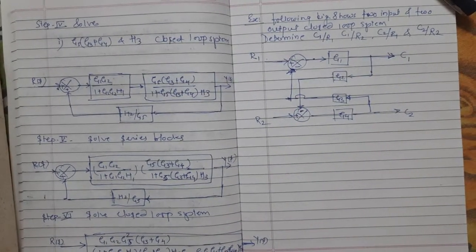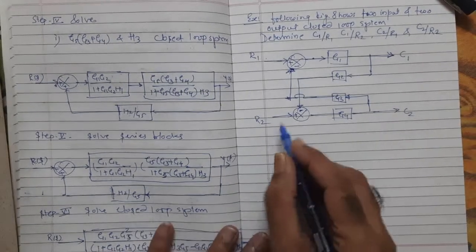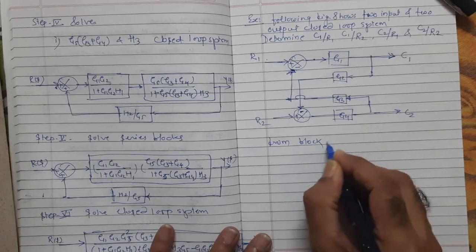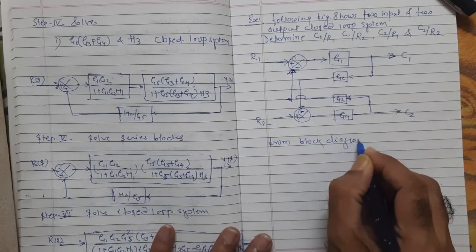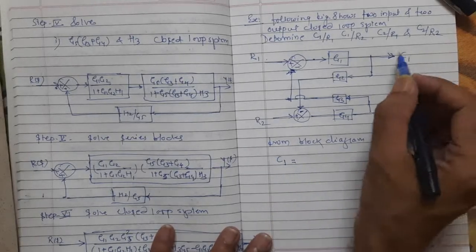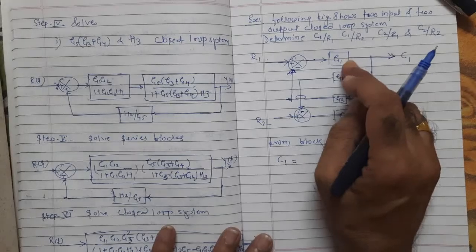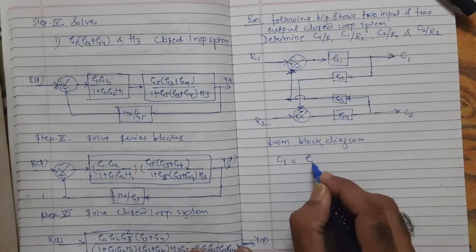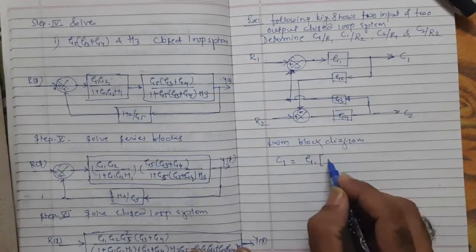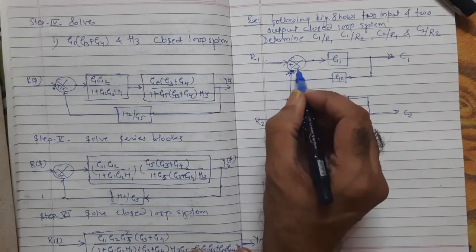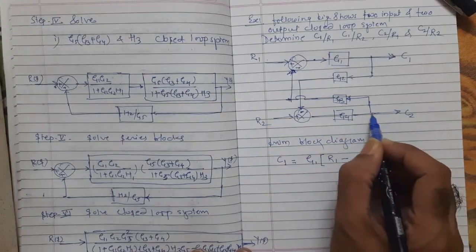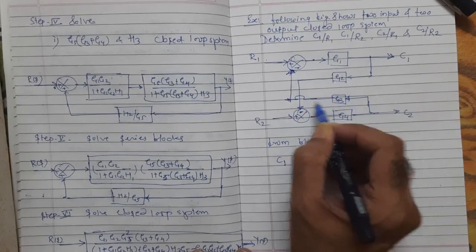Now see here, from the block diagram we can write down C1 equals, C1 is the output of G1, so the gain of the block is G1, and what is the input to the block? That is R1, and the second input is minus, what is here, G3, and what is the input to the G3, that is C2, so that means minus C2 into G3.